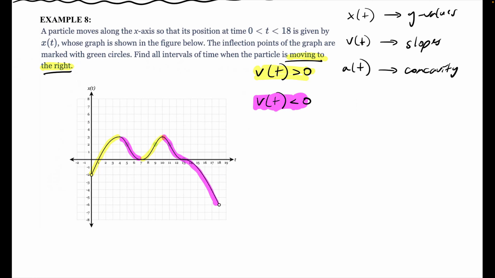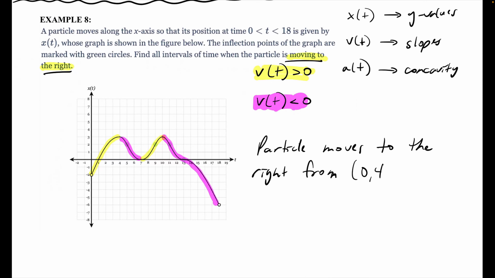So the yellow goes from, so we say the particle moves to the right from 0 to 4 or 7 to 10.